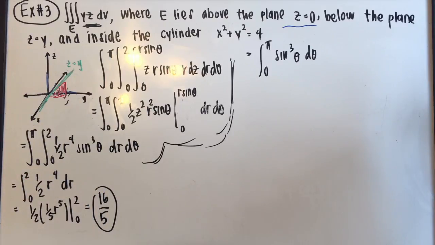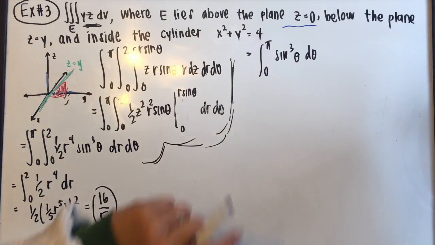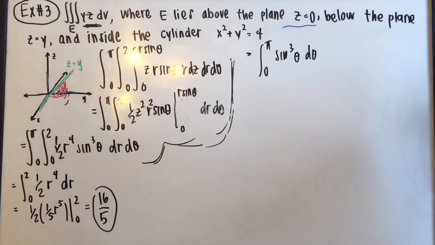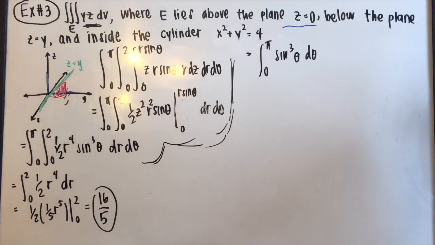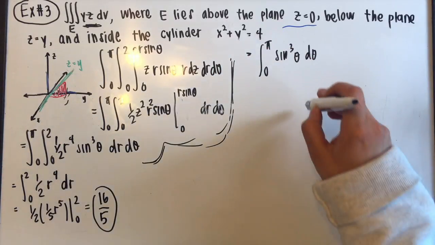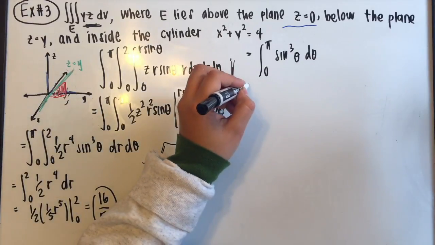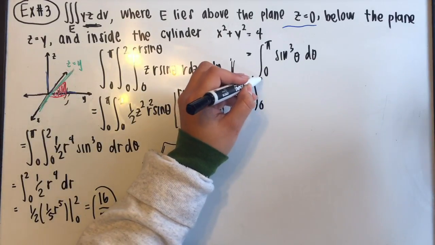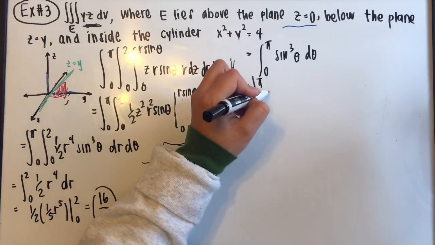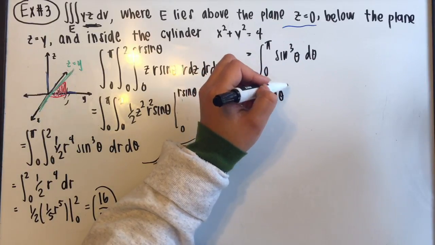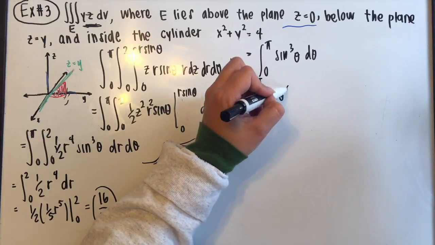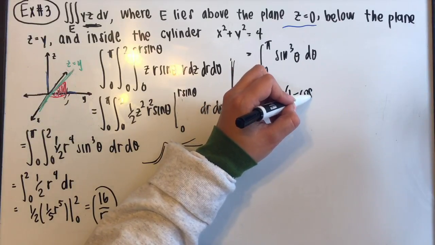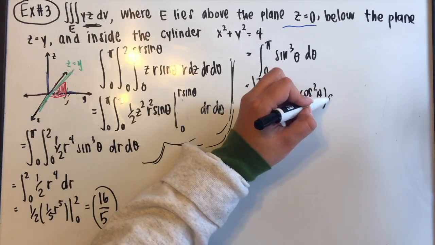Okay, so that's one of our answers. Now when we get to this one, we can't directly integrate it. So we're going to have to split sine cubed and use our trig substitution. When we split it, it would be sine theta times sine squared theta, but we're going to convert that to 1 minus cosine squared theta.